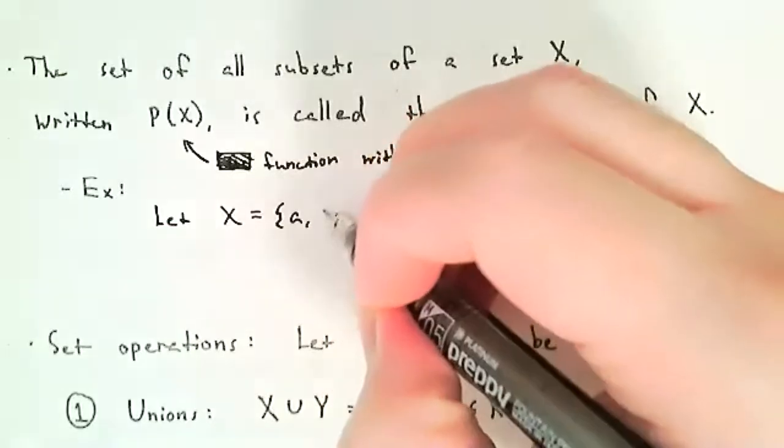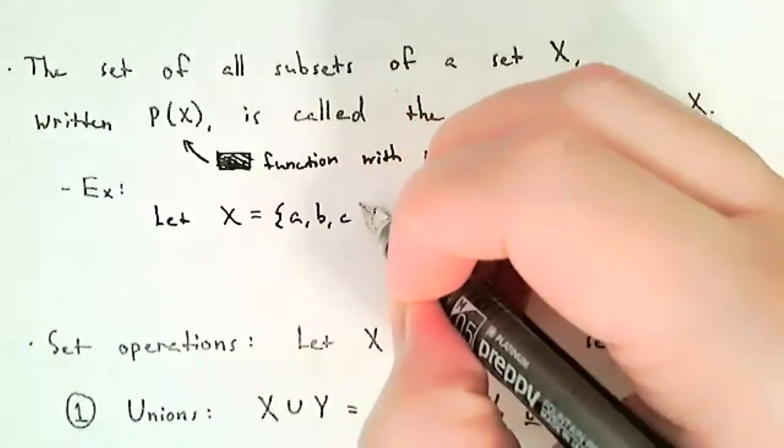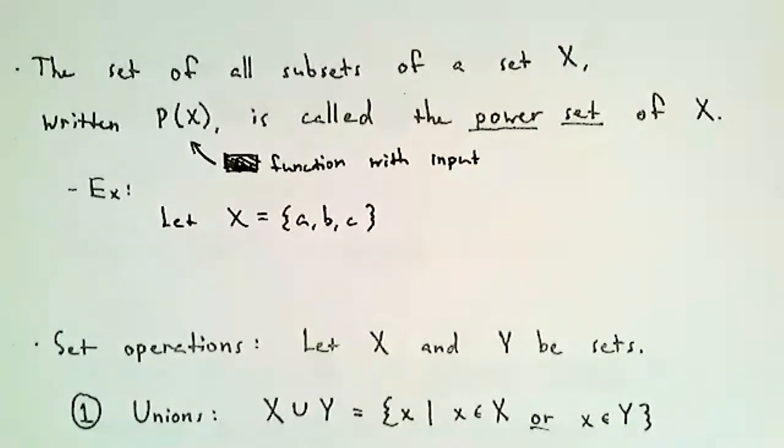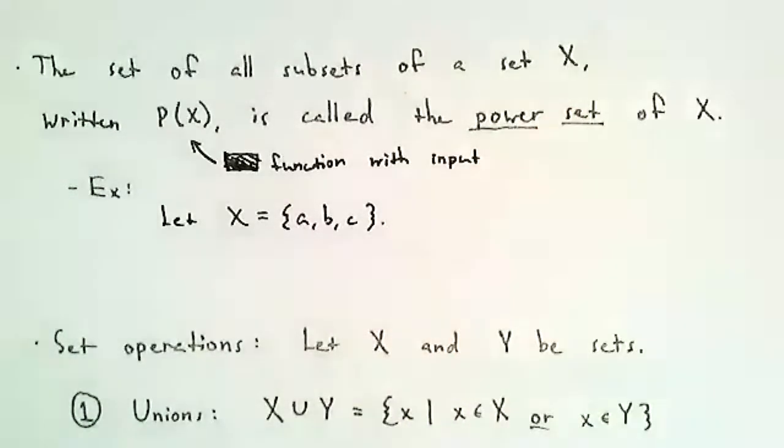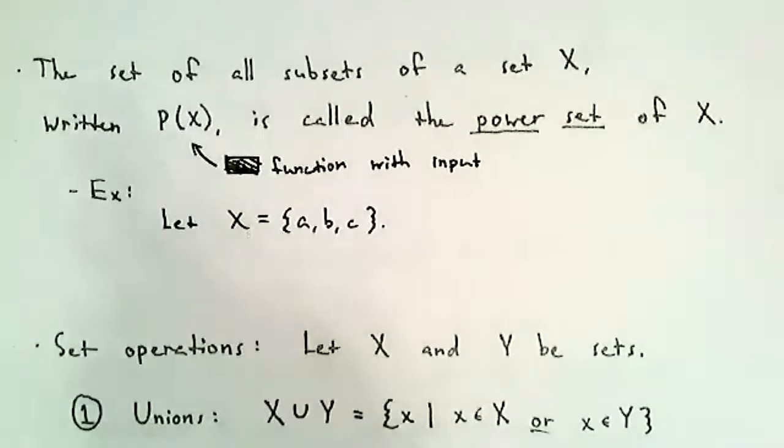So let's take a small set, maybe one with three letters in it, like we were talking about. Now let us think through what the power set of this one looks like.